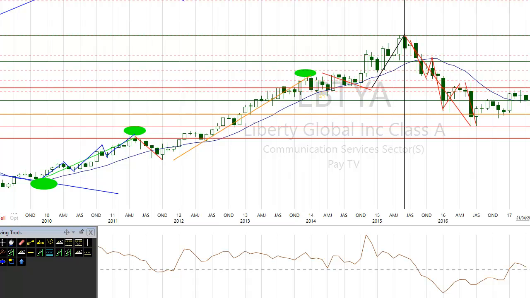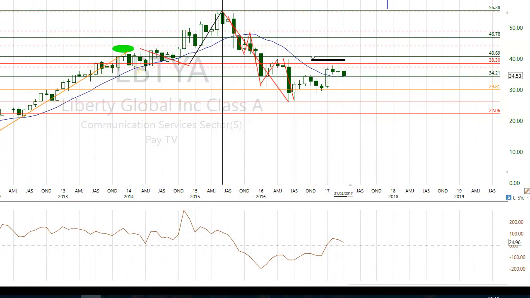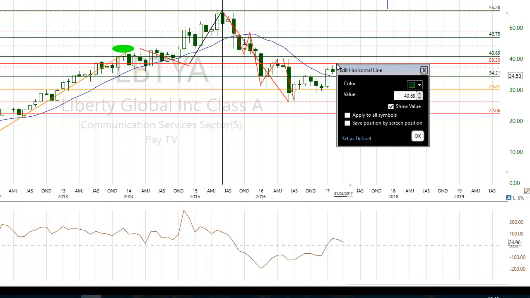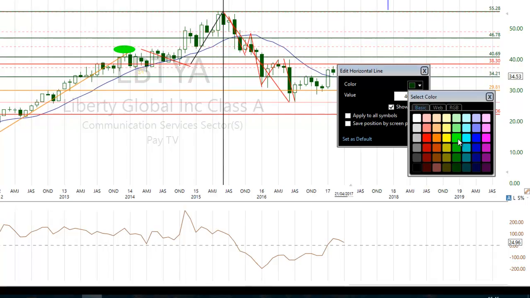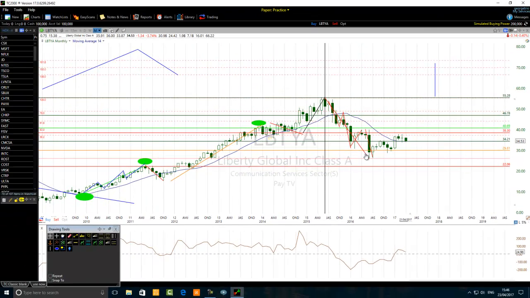What are we looking for? That's a very good question. We highlight the 50% Fibonacci retracement level. The reason is the B wave of the zigzag pattern very often will rally up to the 50% Fibonacci retracement level.